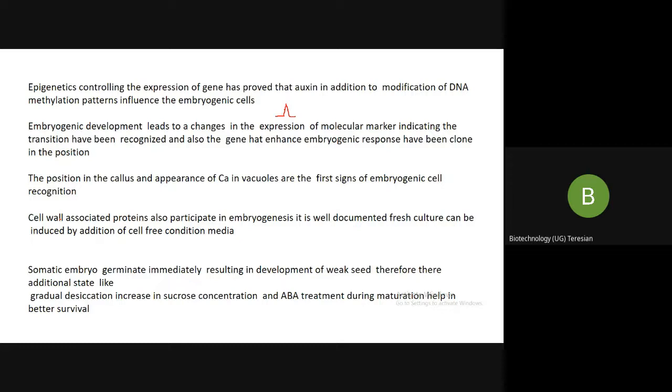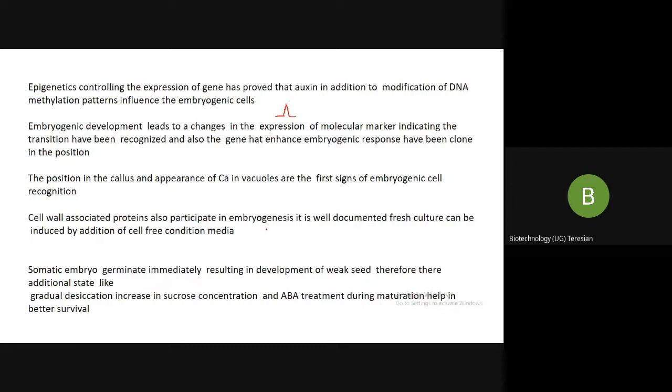This is achieved by extracellular protein which is released by the embryogenic cells. So what it means is, you have a cell, and the cells will be having proteins, right? So the proteins will be secreted into the media. So then what happens? The cell wall associated proteins also participate in embryogenesis.